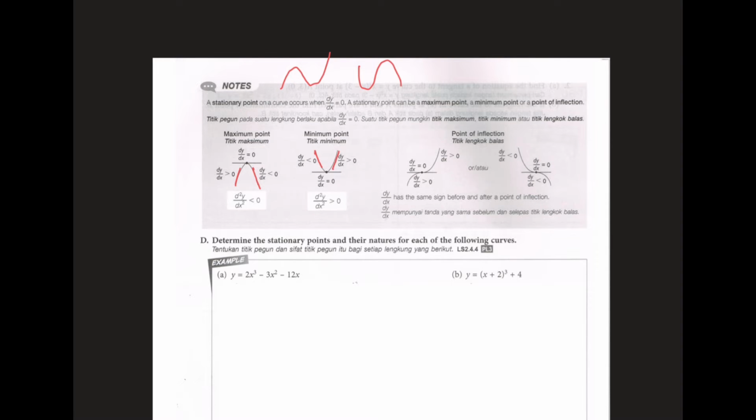Okay, and now let's see inflection. We have two kinds of inflection. For example, on the left we have dy/dx more than 0 because the tangent is going up. Then at the point of inflection, dy/dx equals 0 because the tangent is horizontal. And on the right-hand side of the inflection it is more than 0 again, because it's going up.